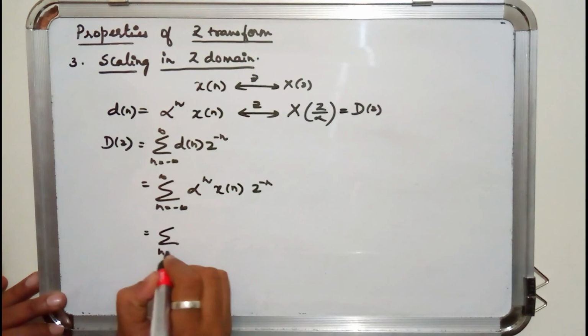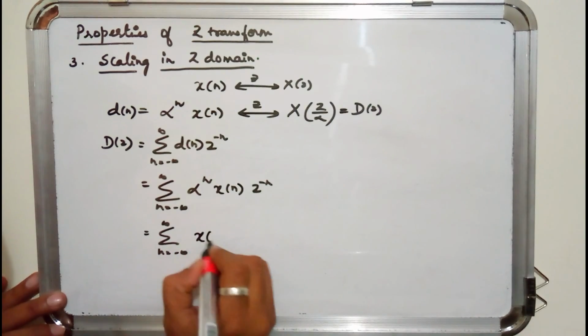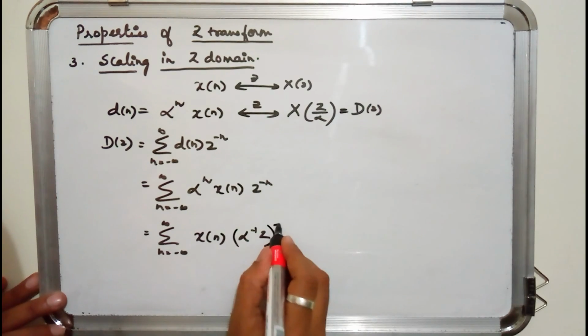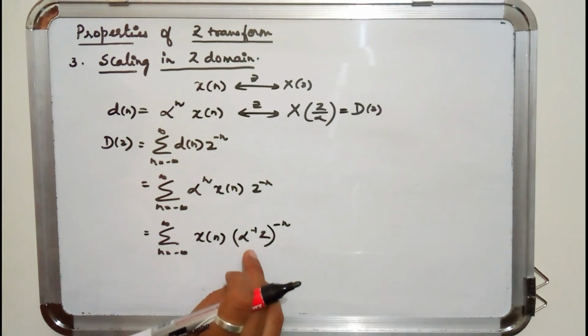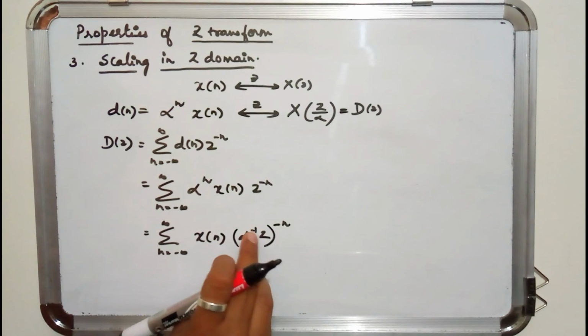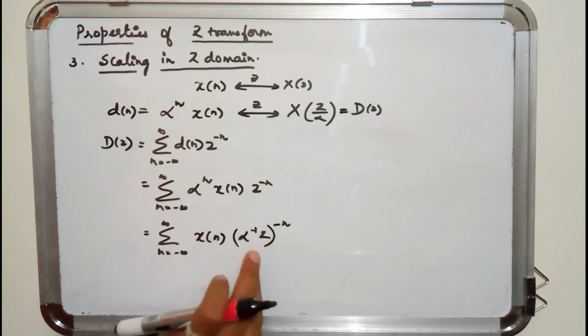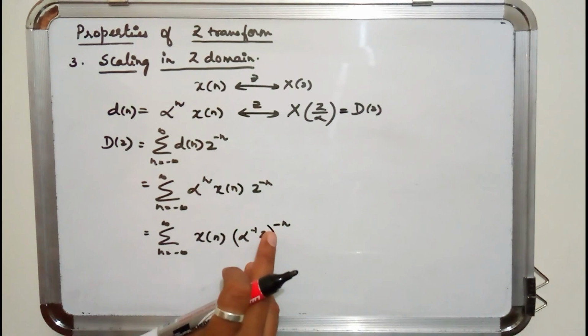Now I can write this as x of n into alpha inverse z power minus n. So alpha power minus 1 into minus n is plus n, z power minus n. So I've just rearranged the terms.